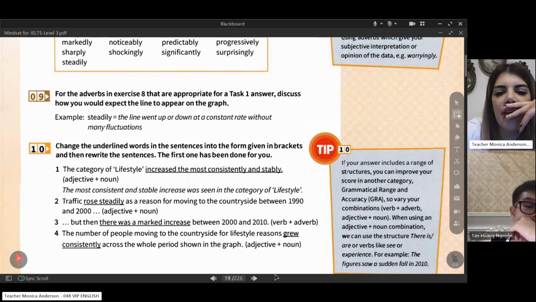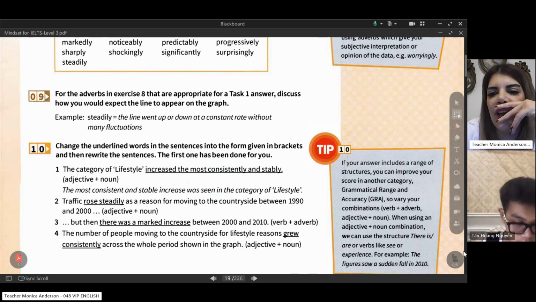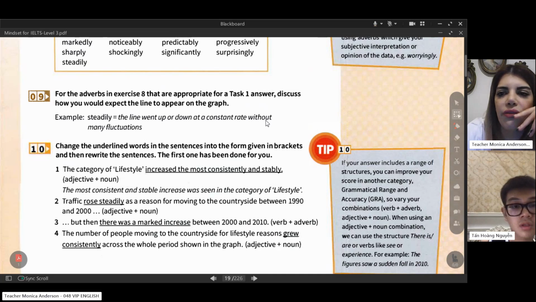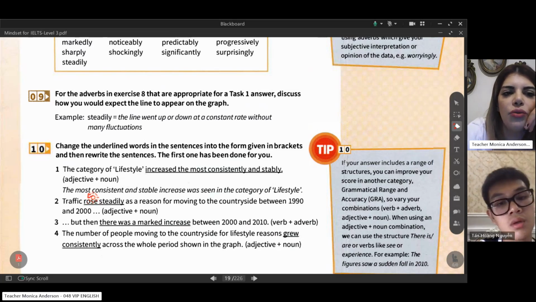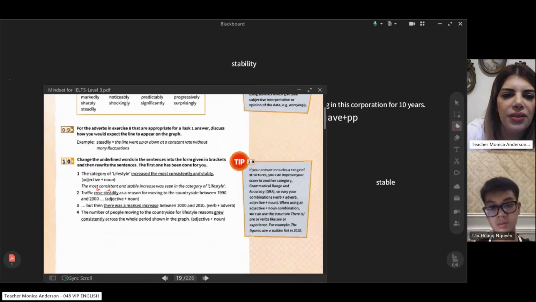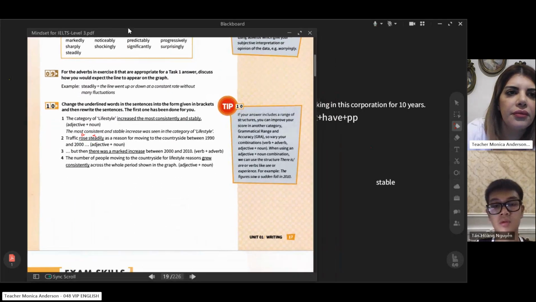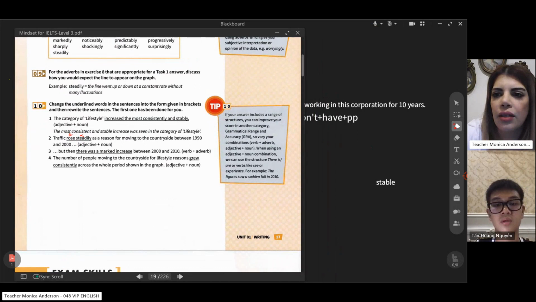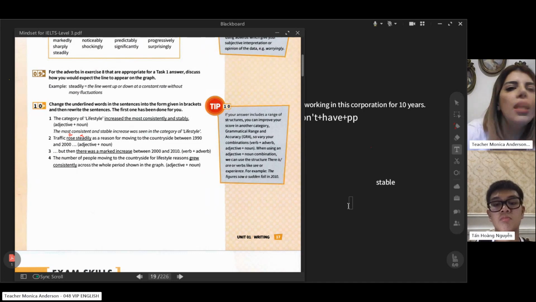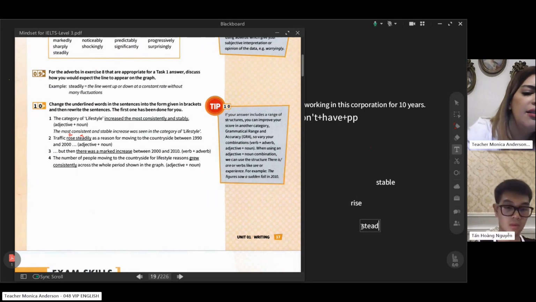So for number 2, rose steadily. Again, you need to change rose and steadily. First of all, rose is a verb, so we need to change it to a noun. Let me write it here. So rose is the verb, rise is the noun. Steadily becomes steady.